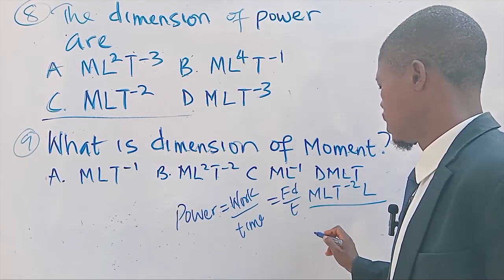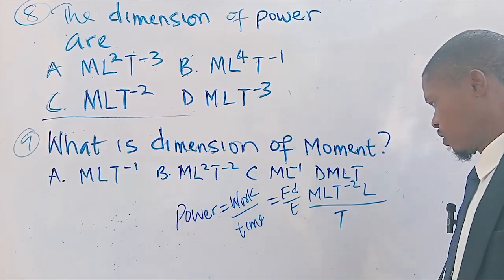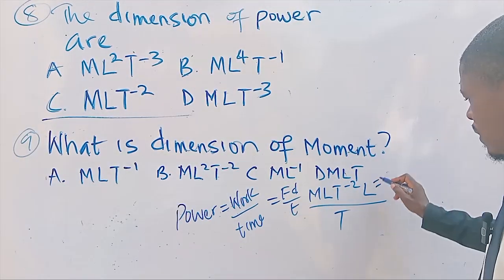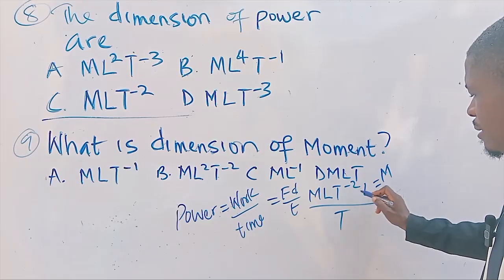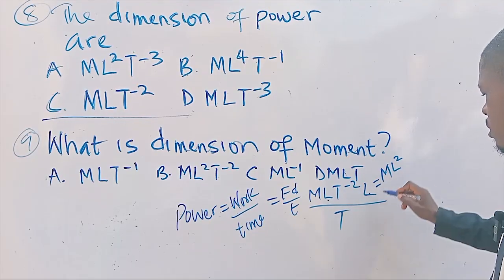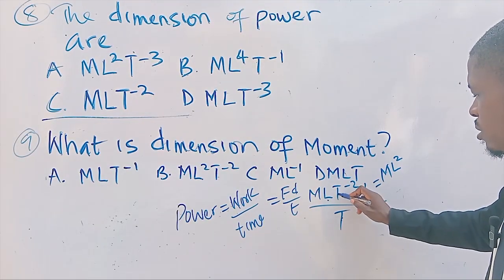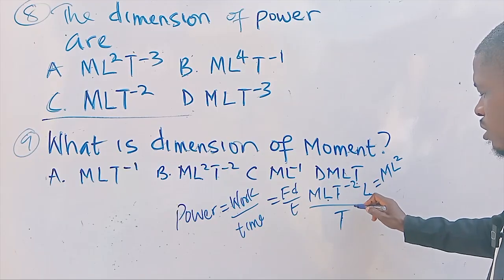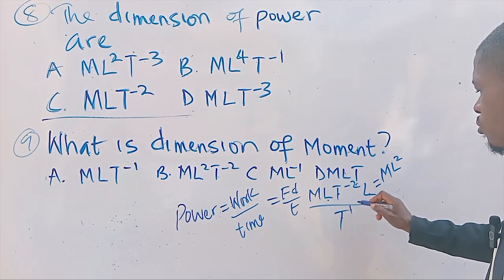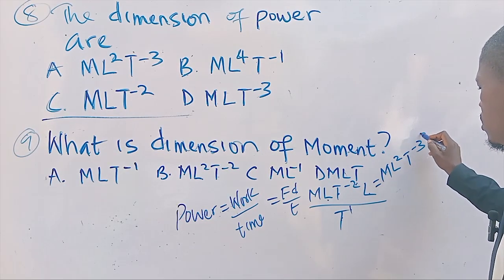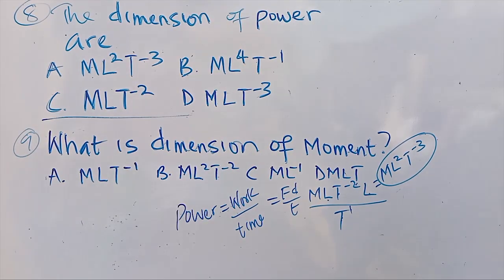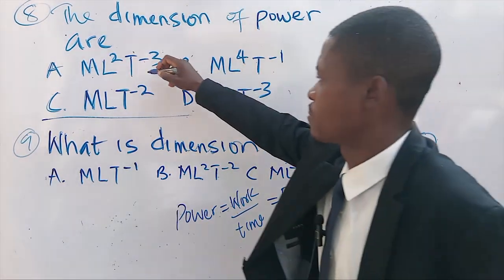L, and time is what? Capital T. So let's do the algebra. This will give us M L times L, that's L squared. Then use indices for this one, this is minus 2, this is power 1, so minus 2 minus 1, that's T to the minus 3. So that's the dimension of power, and that's option A.